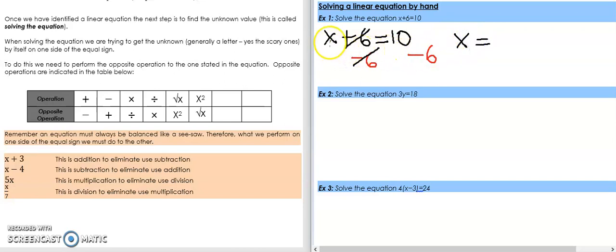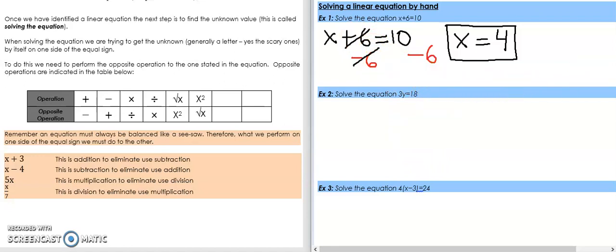So we've got x by itself, and this is equal to 10 minus 6, which is 4. Now that we've got x by itself, we know what the solution is. Now this seems like an unintuitive way of doing this because we know that this answer is 4, but this process has to be shown when we get to tricky examples, which we'll get to later on.